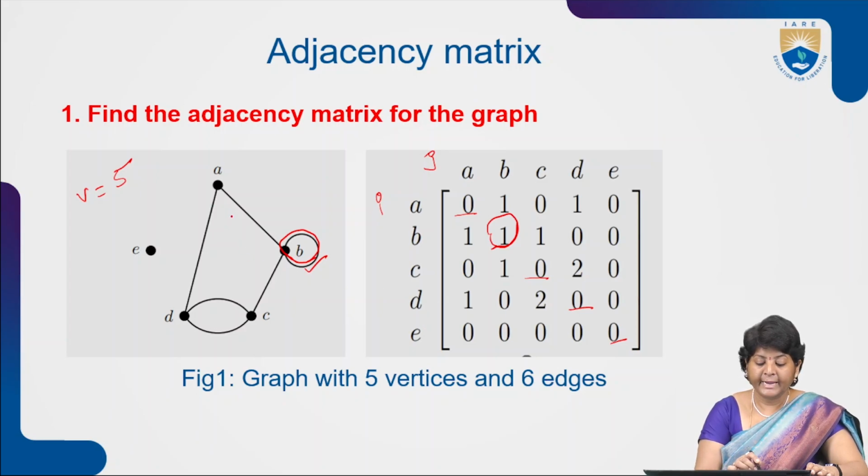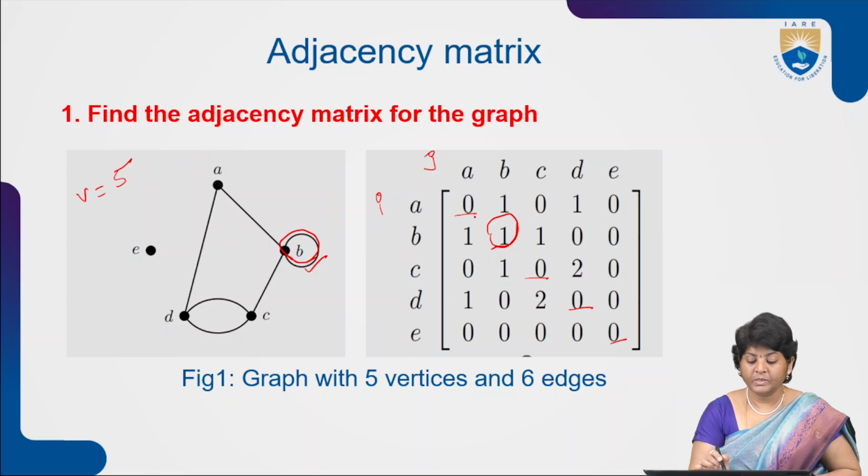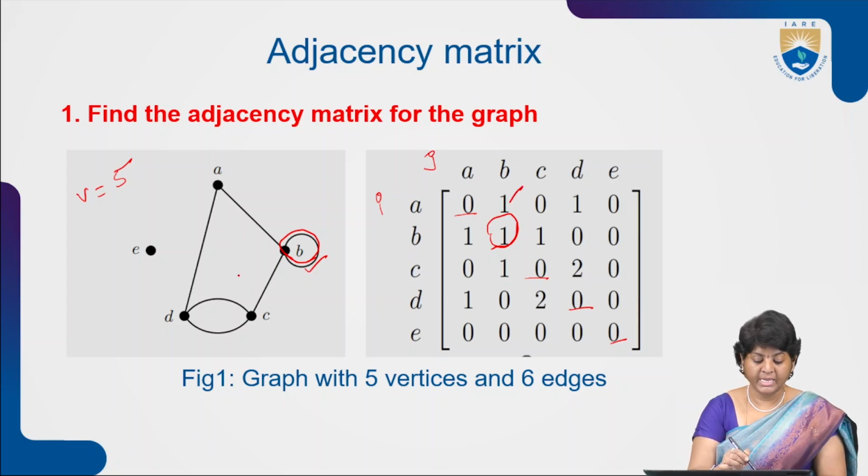Now, A to B connection is there, so it is marked as 1. A to C, if an edge connection is indicated, then we will mark it as 1. Since we don't have a connection from A to C, we will mark it as 0.